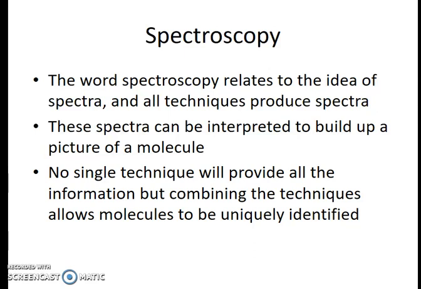So ultimately, the use of spectroscopy for identifying the structure of organic molecules, which is what we're going to do, is a bit like a jigsaw puzzle, really. We're taking little pieces of information from here and there and the other place, and we're putting them all together to determine the structure of a molecule.